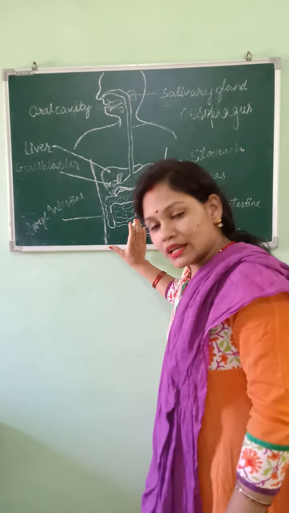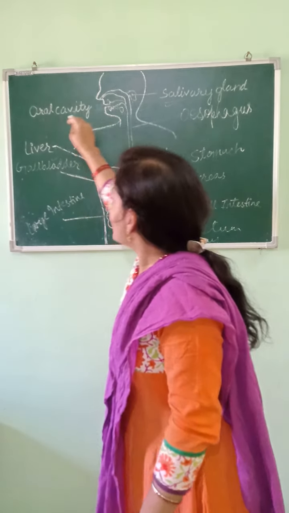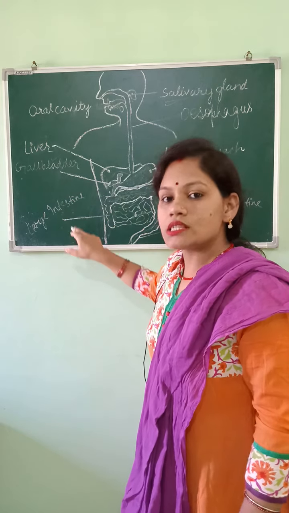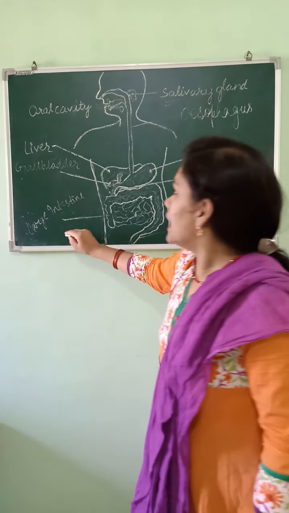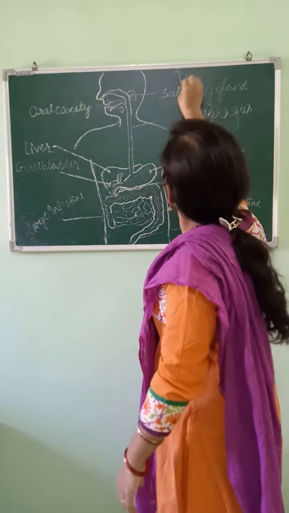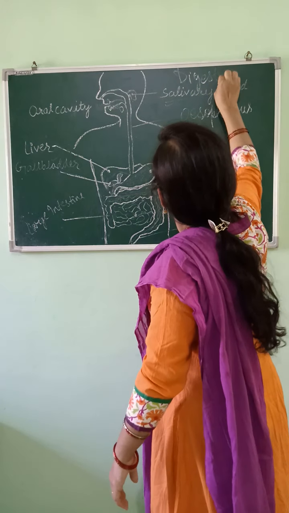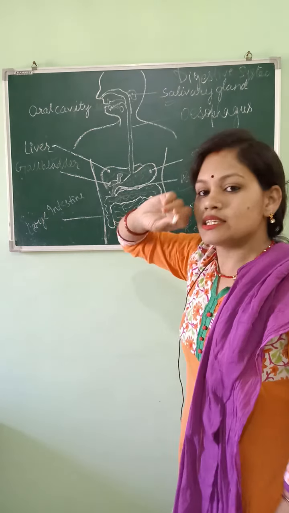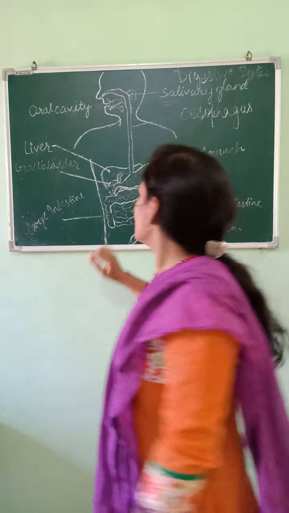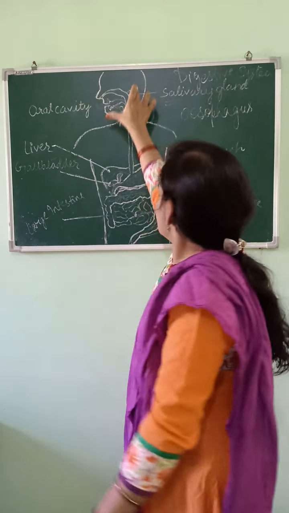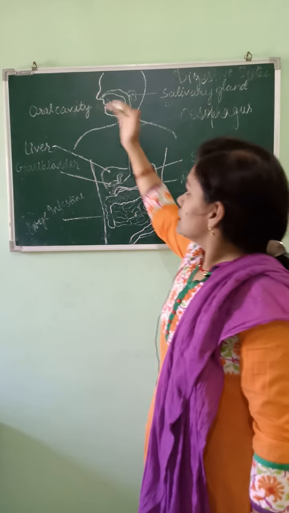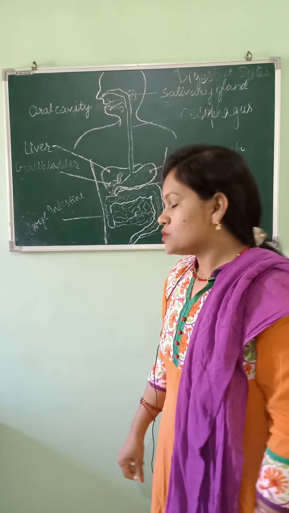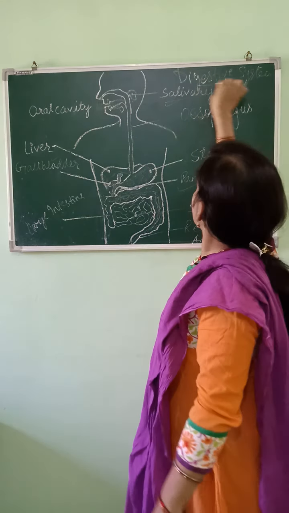The alimentary canal along with the glands which are associated with the digestion process is known as the digestive system. So if anyone asks what is the digestive system, it involves the alimentary canal plus the associated glands. Okay, so this is what happens in the digestive system.